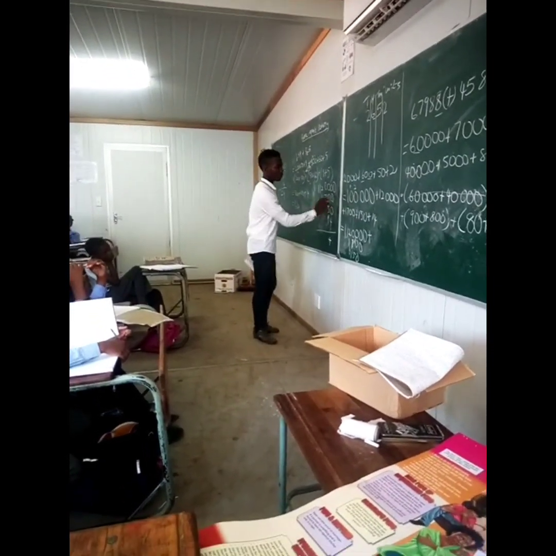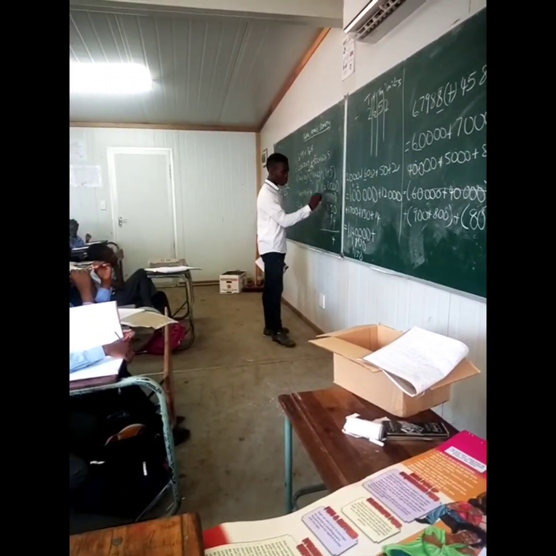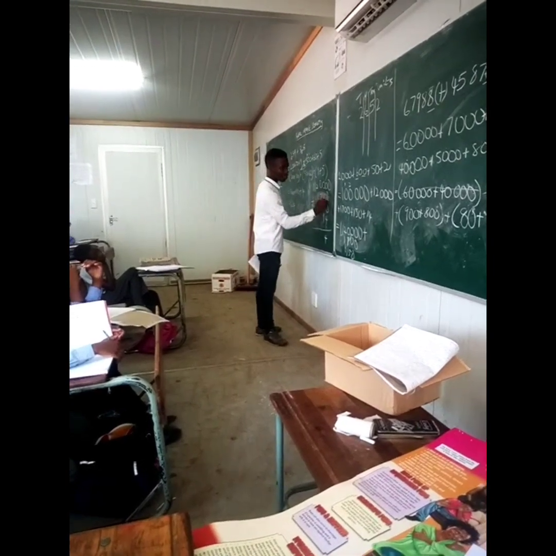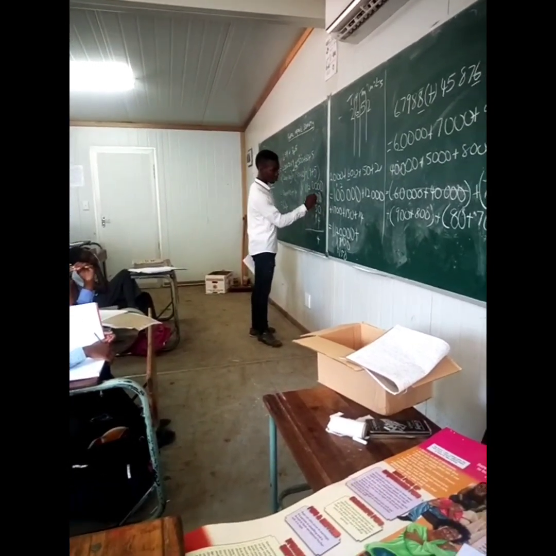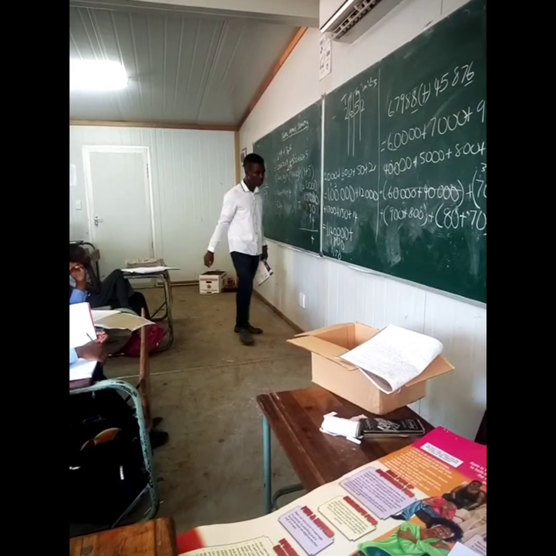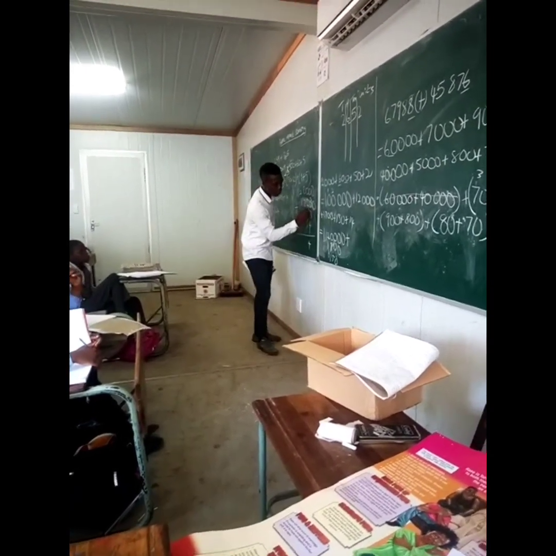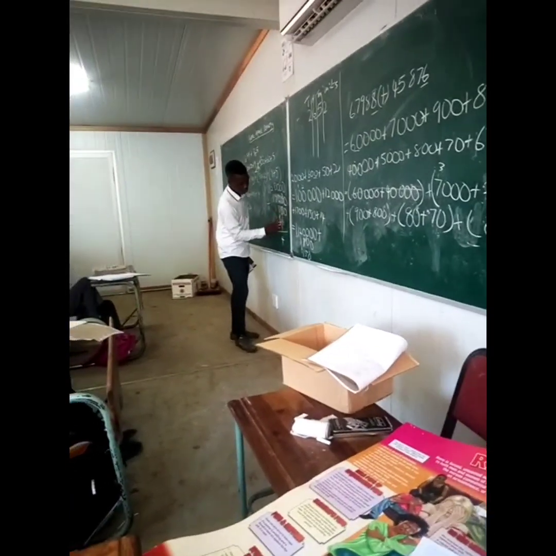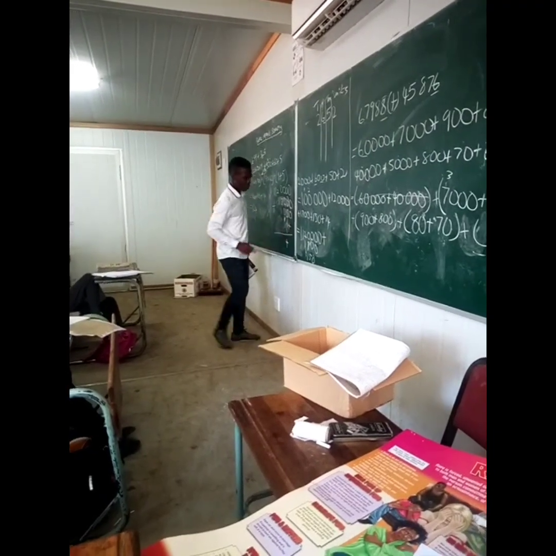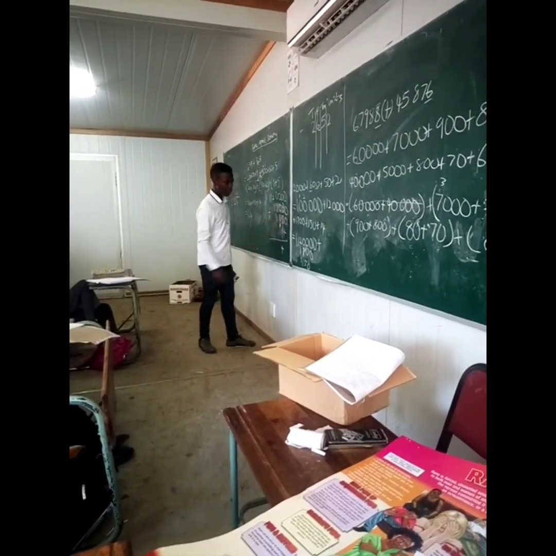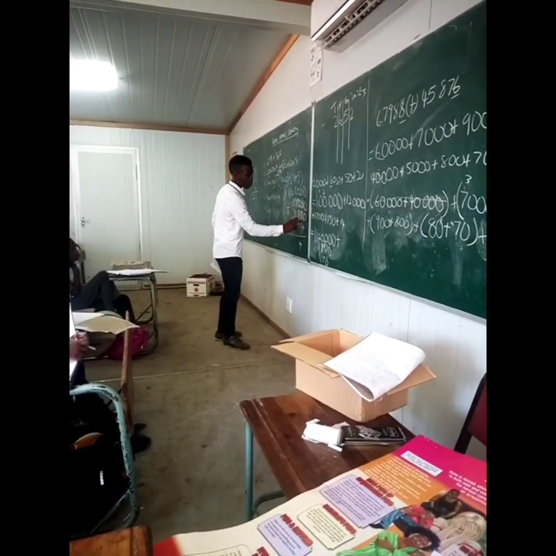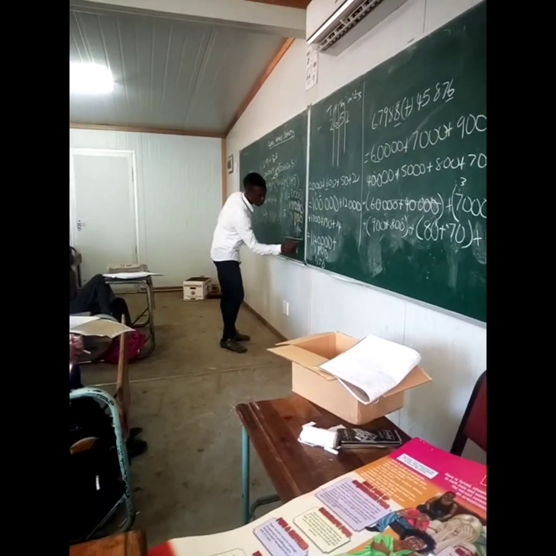1,700. No, this should be here. 1,700. Can you see it now? And then the 50 is here. Now what about the 4 here? Okay, this one is 150, right? Yes. Okay, 0 plus 0 plus 0 plus 4 is 4, right?